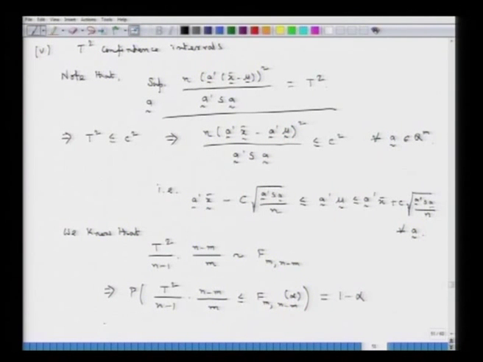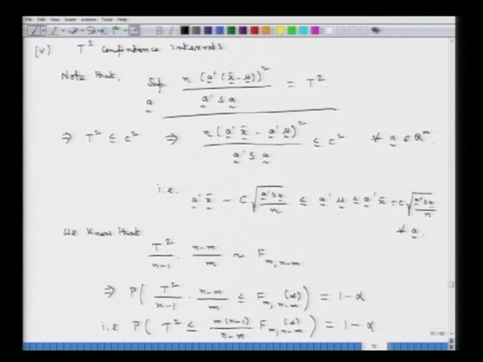So if that is the case, we will be able to write T squared less than or equal to m times n minus 1, divided by n minus m, times F(m, n minus m, alpha), and this is equal to 1 minus alpha.